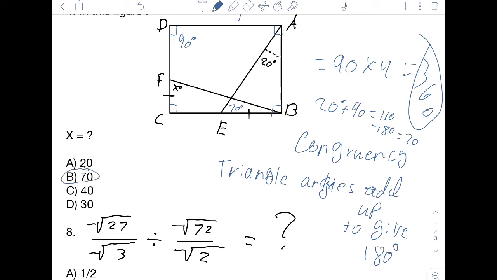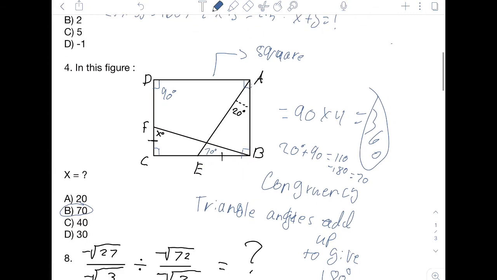So what did I do here? I solved it in 3 steps. Number 1, I recognized the square. I knew what the square was, and I knew its angle theorem. Number 2, I recognized congruent triangles, right?